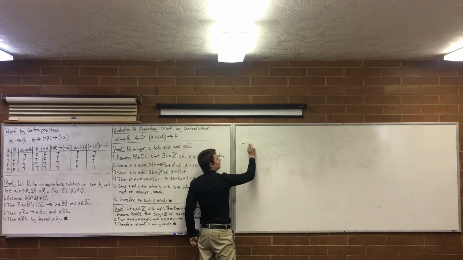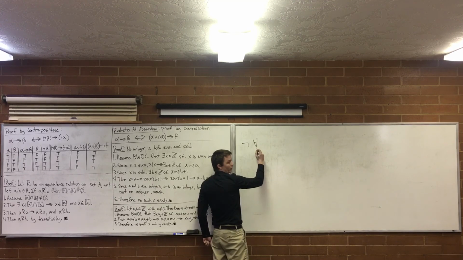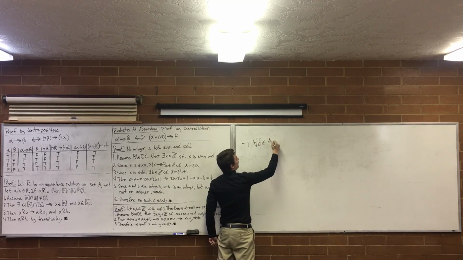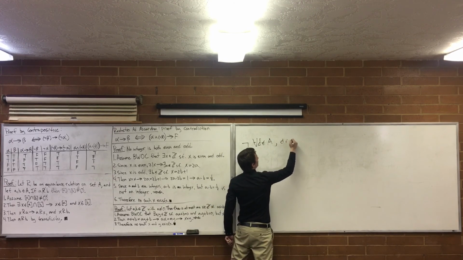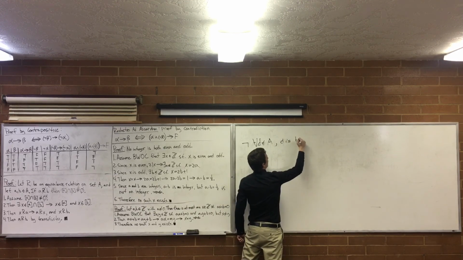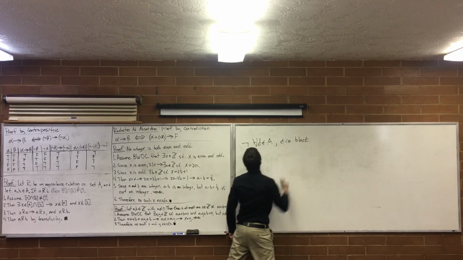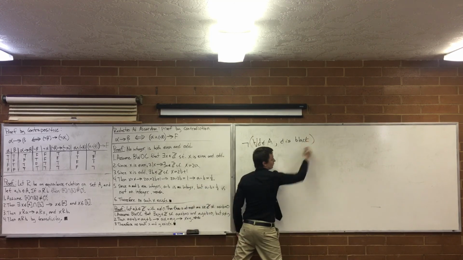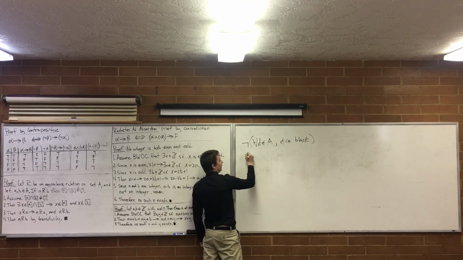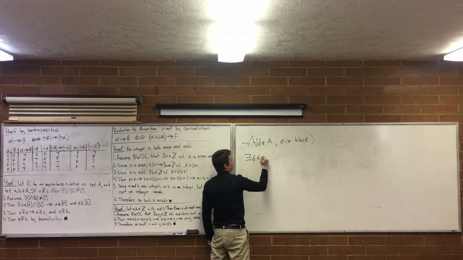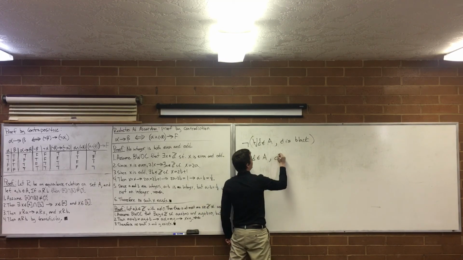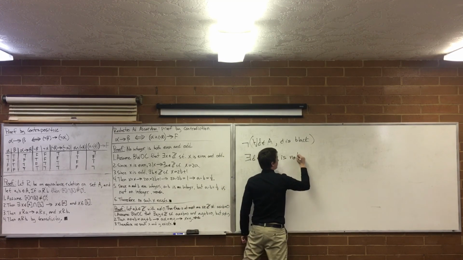We did the contradiction. It's the not. The not of for all D in A, D is black, right? If we do the not of this statement, how do we do it? We say there exists D in A where instead D is not black.